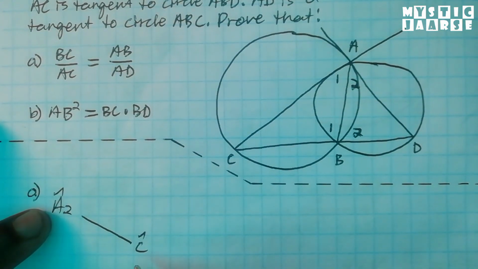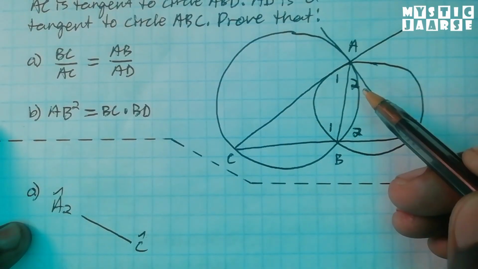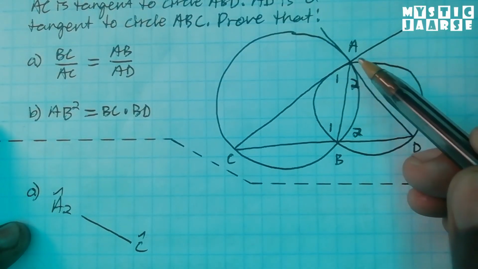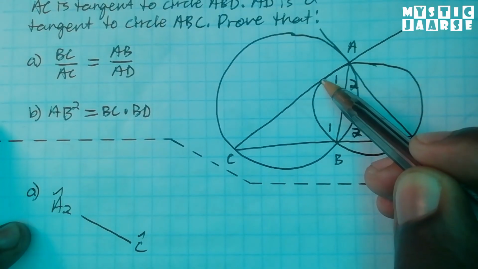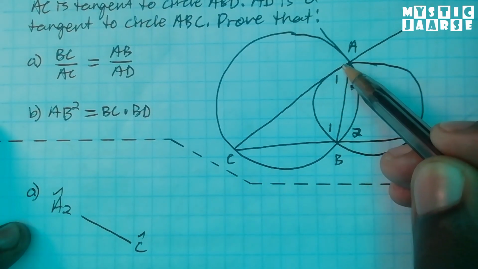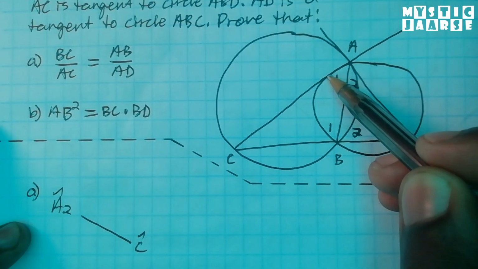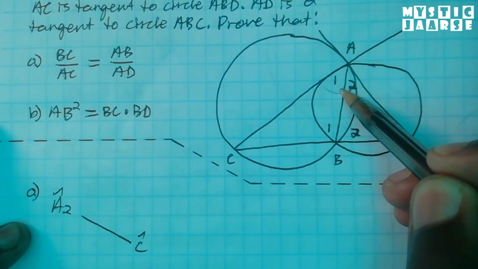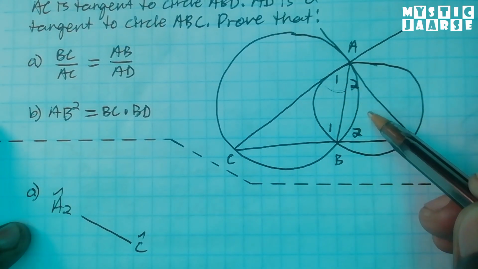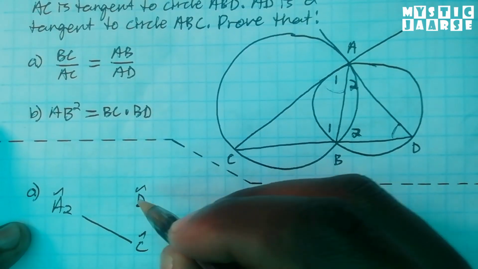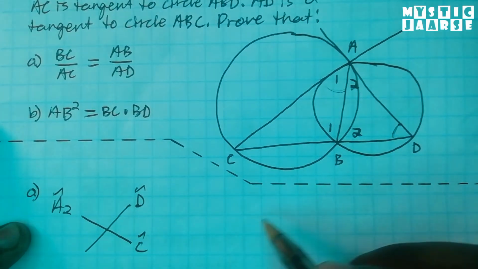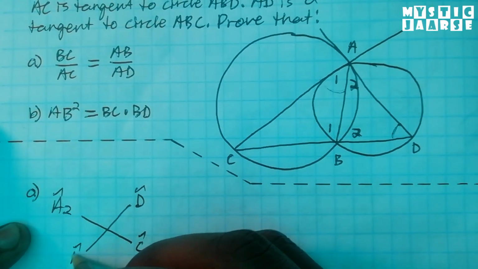So I already have the first corresponding angles of my triangles. Then again, since AC is a tangent to this circle, I have an angle between this tangent and this chord. And this angle A1 is equal to the angle in the alternate segment, which is angle D. So I have angle D is equal to angle A1.